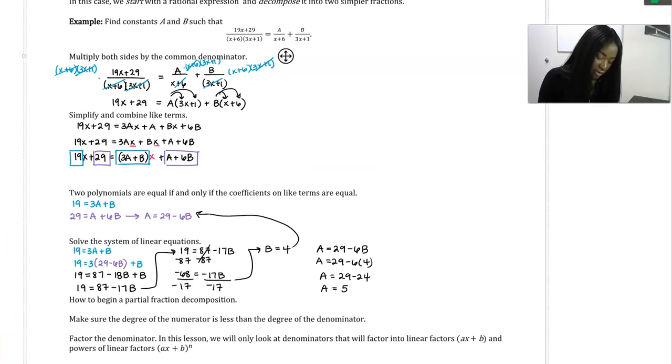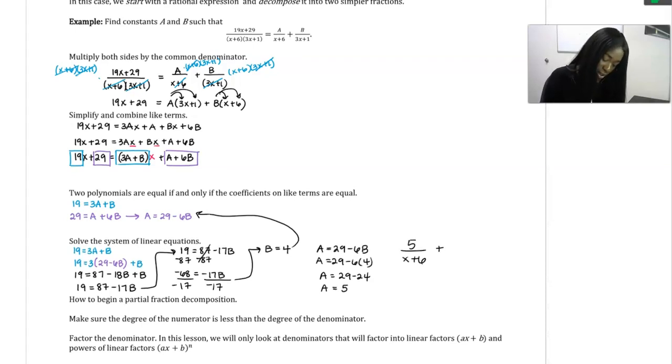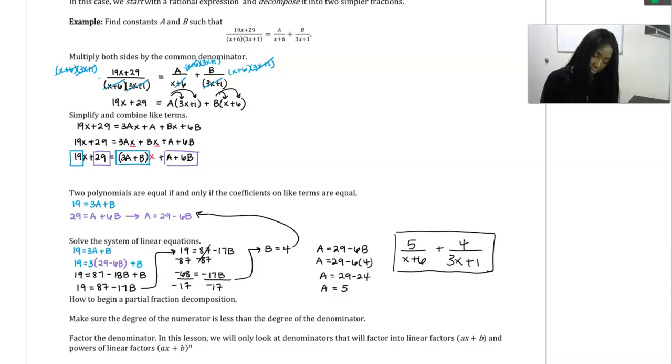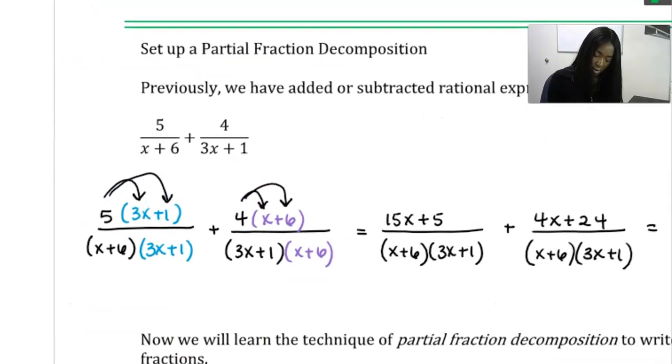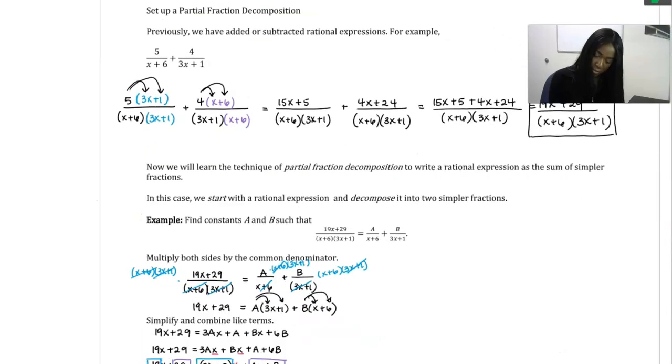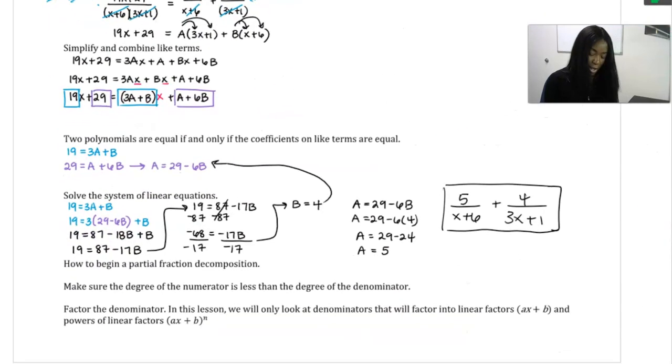So a is 5, that is 5 over x plus 6, plus b is 4 over 3x plus 1. And that is our answer for the partial fraction decomposition. And notice that's exactly what we started with up here: 5 over x plus 6 plus 4 over 3x plus 1.